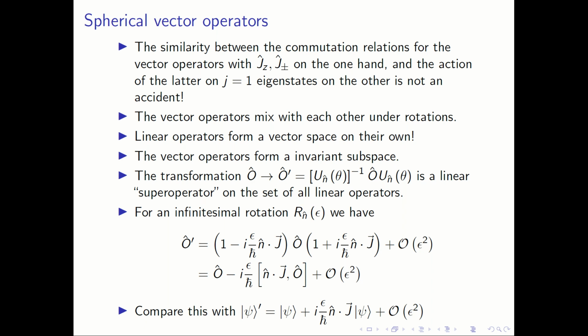So, with this background, it should really become clear why we had what we had in the last slide. The operators acted upon by commutators sort of mimicked states acted upon by operators directly.